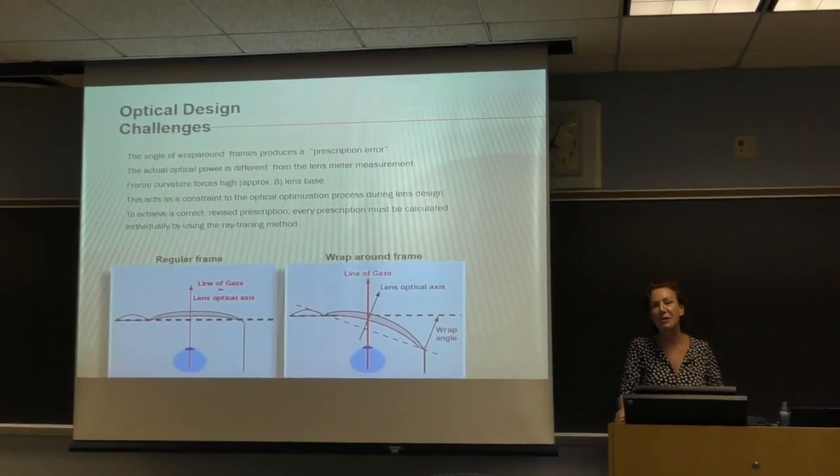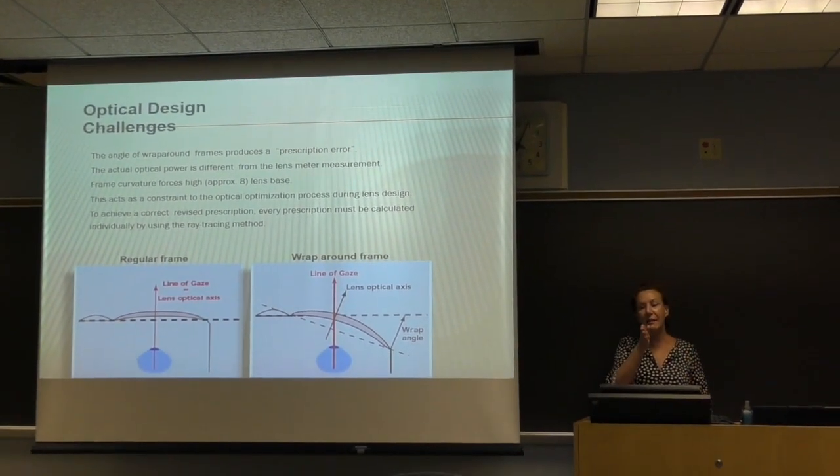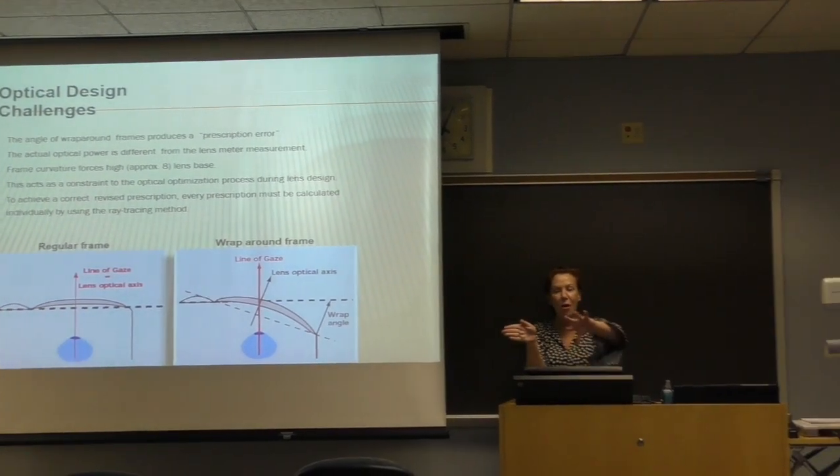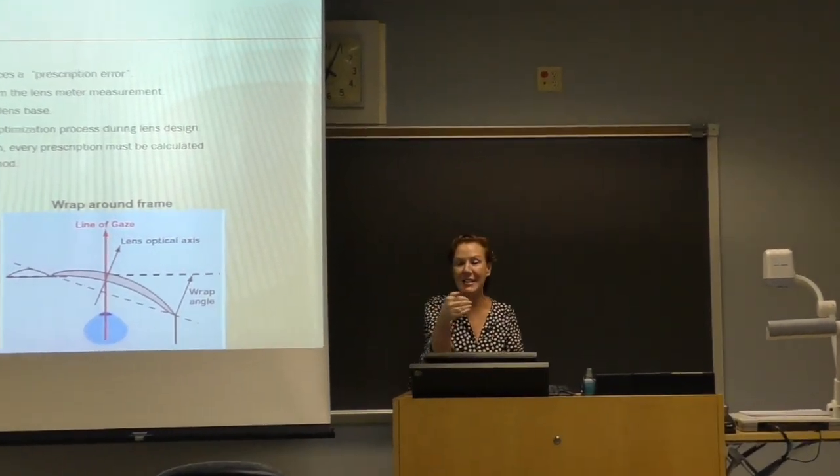So what happens is this: we go off base curve theory and light zigs, and then we compensate it in the design and it zags, and it zigs and zags so quickly, the speed of light, 186,000 miles per second. Our brain is amazing, but our brain can't pick up this action. So to our brain, it's as if the light ray went straight through, right to our retina, clear, crisp vision.